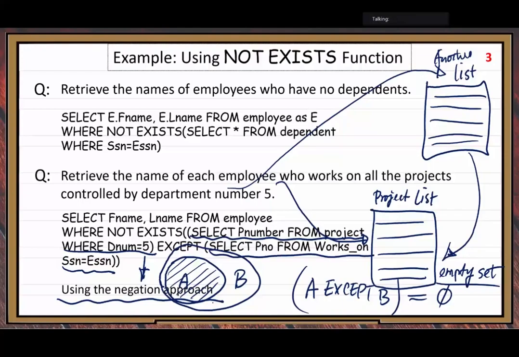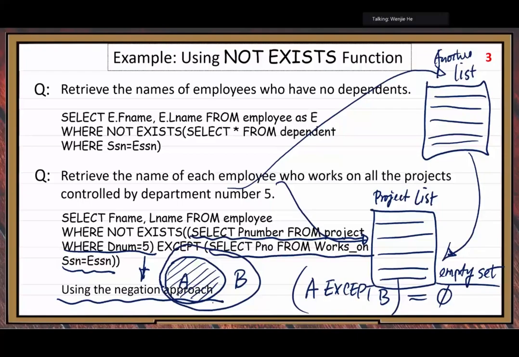But when we do analysis, we need to represent this relationship. And because we need to detect the empty set, we need to use this negation way, not exists. That's the connection. All right.